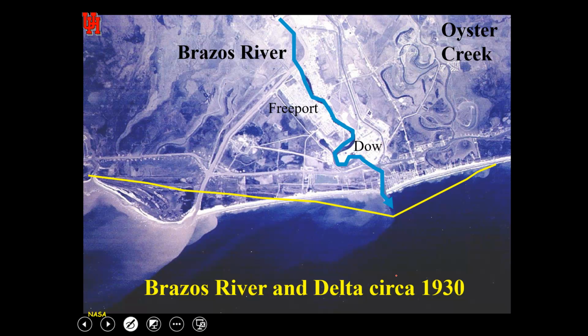Well, that's simply because Dow Chemical didn't want all that sediment along the Brazos River to get into the water that it was using for producing manganese and other chemical things. So they talked the Corps of Engineers into blocking off that mouth of the river and diverting the river to the south, southwest.